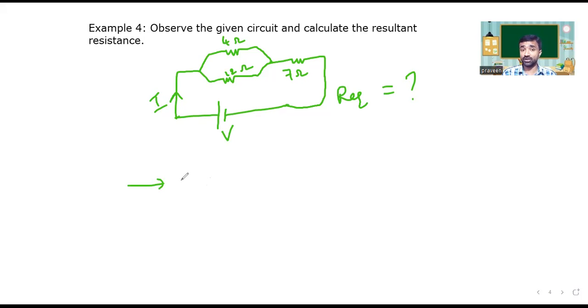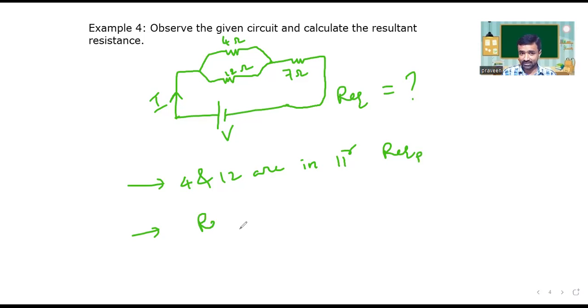Sir, 4 and 12 are in parallel. 4 and 12 are in parallel combination. And 4 and 12 are in series with 7. If they are in parallel combination, you will get the equivalent resistance of those two resistors, that is REP.